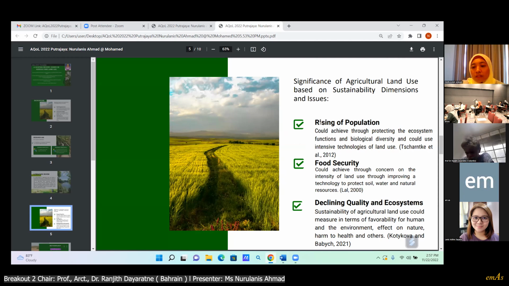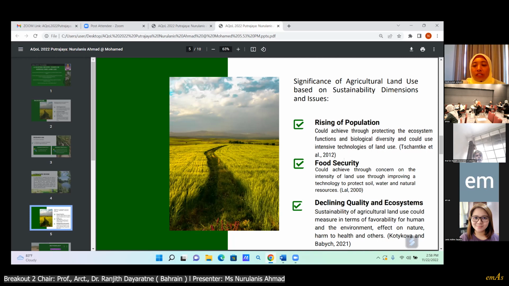For example, for the rising population issue, sustainable agricultural land use could be achieved through protecting ecosystem functions and biological diversity, and also using intensive land use technology. This is based on Shantake et al. 2012.